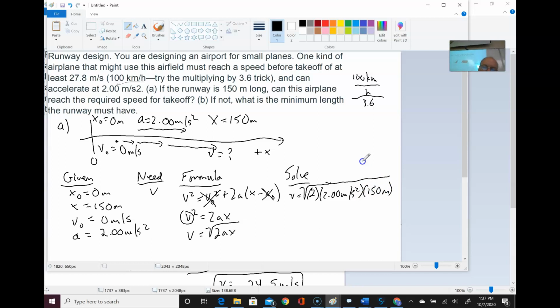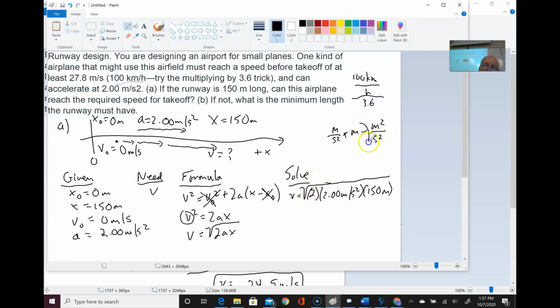Now I want you to notice something here. This is why we always use units, so we can see how they actually cancel out. If I multiply the units in the acceleration, meters per second squared, times meters, I'm going to get meters squared per second squared. Well, that's a weird unit, except it's under the square root.